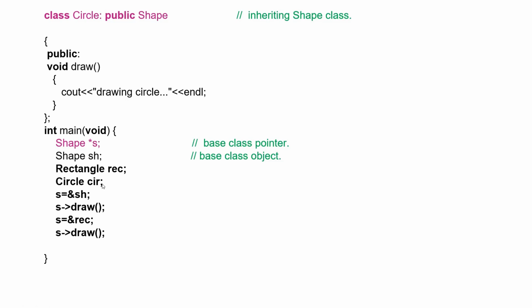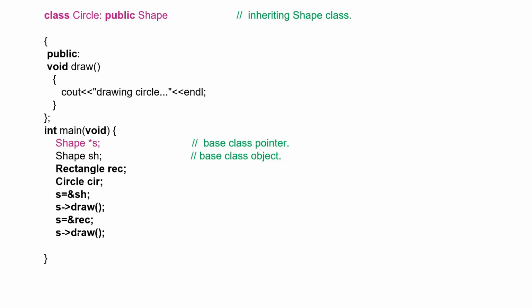Now ptr = &sh, the address of sh. The base class pointer points to the address of sh, which is the base class object. Now ptr->draw() accesses the draw method of the Shape.